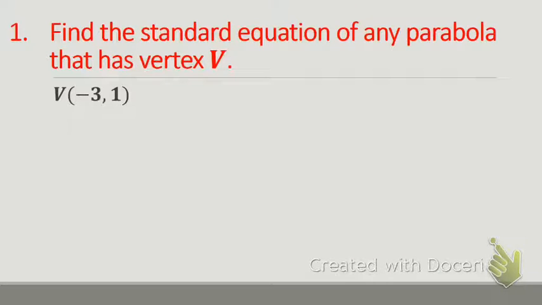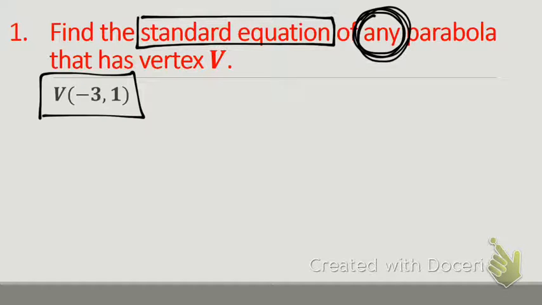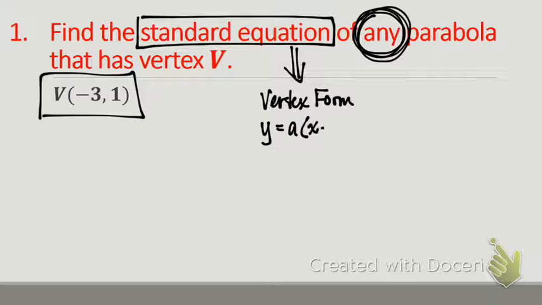We want to find the standard equation of any parabola that has this as its vertex. So standard equation, this is vertex form. Vertex form is y equals a times x minus h squared plus k.